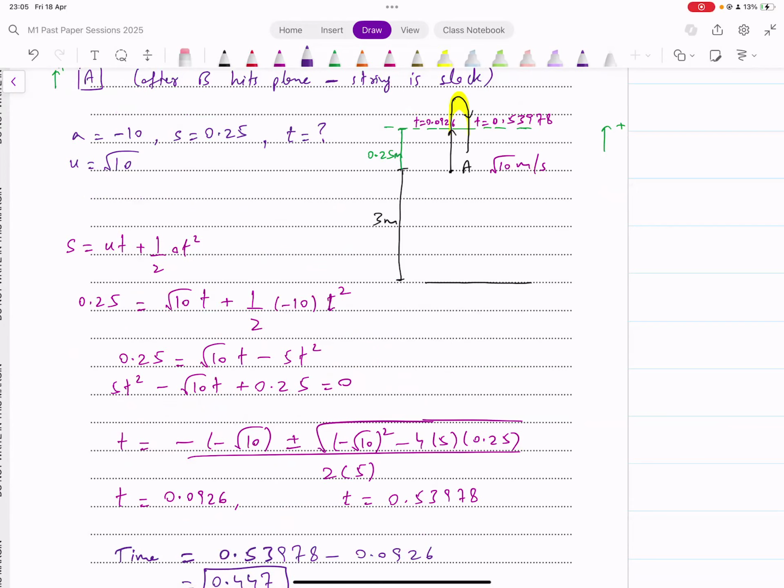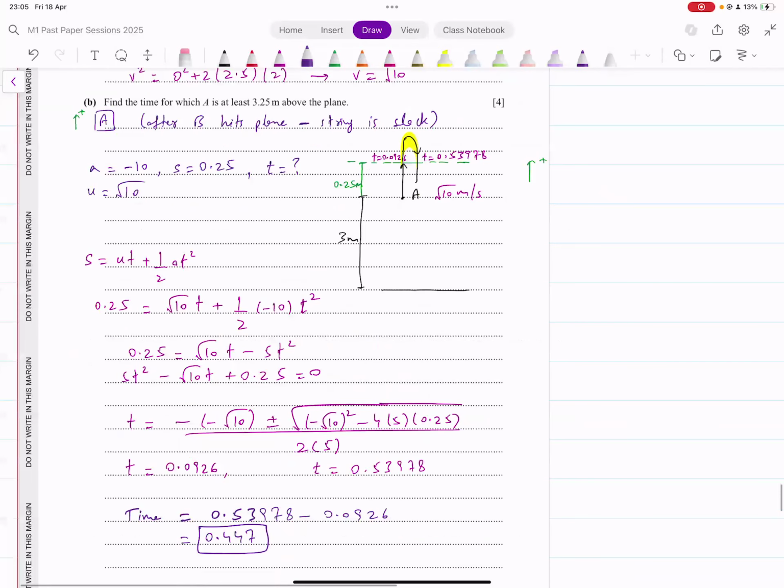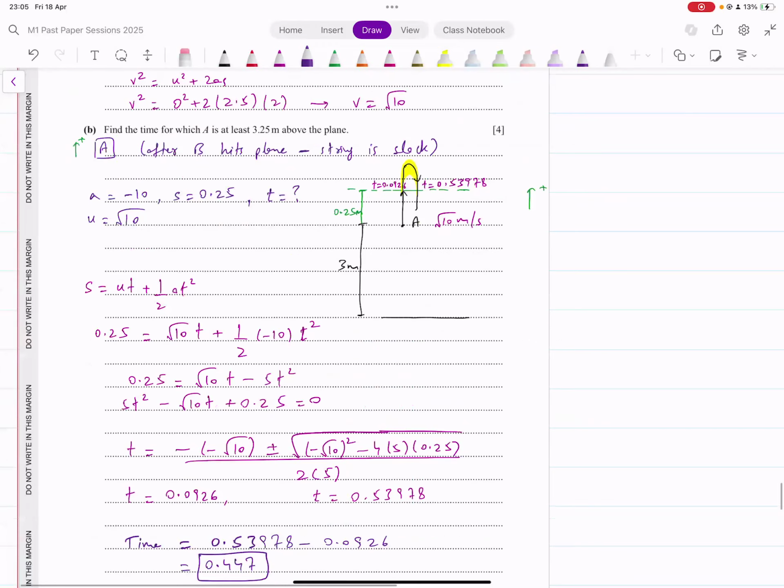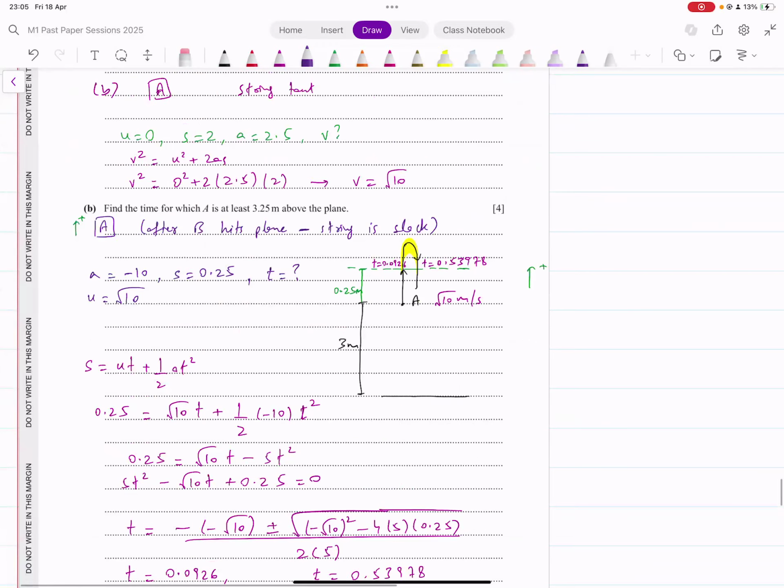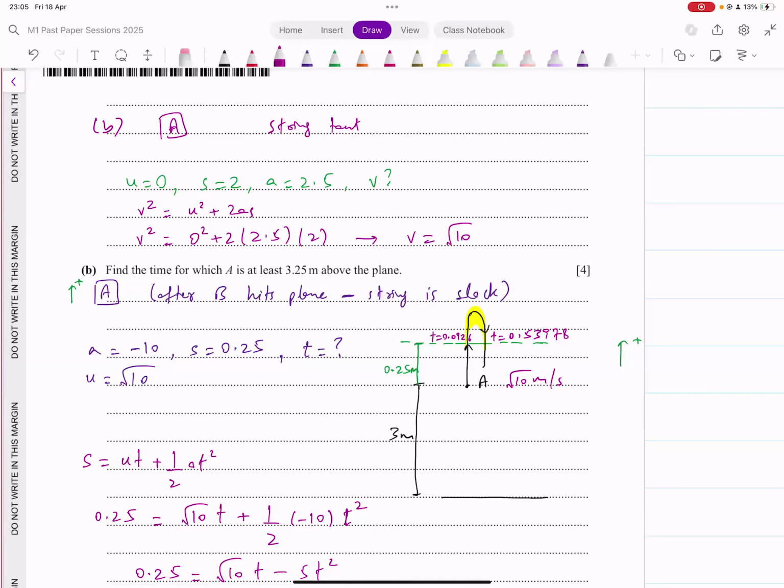So again, it's that same idea. You have a string that becomes slack at some point. You find the final velocity from the part where the string was taut. That becomes the initial velocity for the second part of the journey. So that's what we did. First of all, we found the final velocity while the string was taut. That turned out to be this.